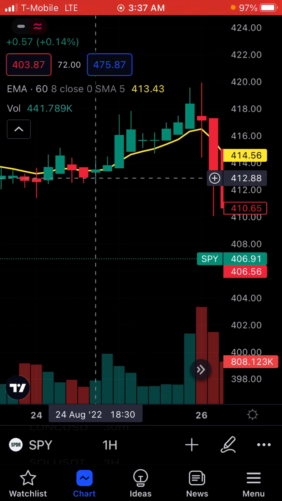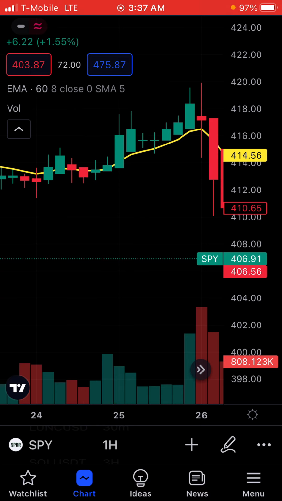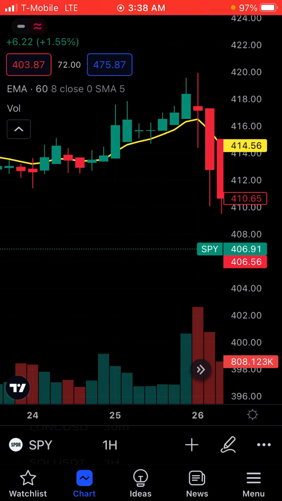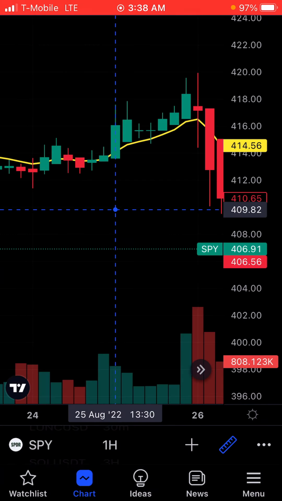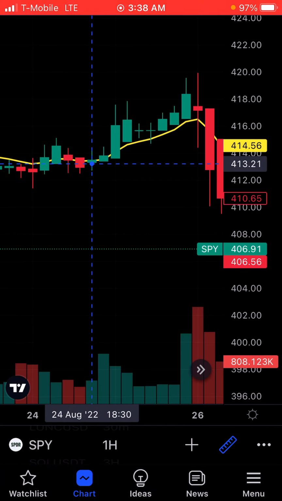This is not enough volume for me. So what this is telling me is it could go up, but it might be brief. That's how you know not to do it. You've got to wait for at least 1,000,000 or a high volume on that candle. So that's how you know when not to do it. And let's just measure it real quick to see if you would have made anything.